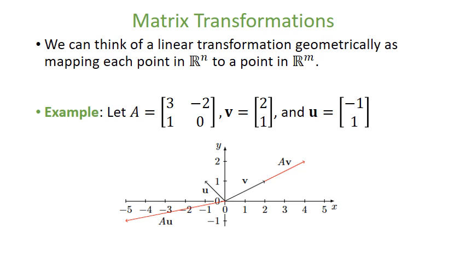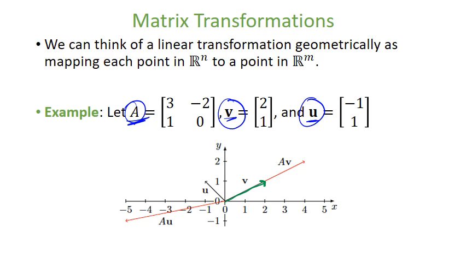So this example here talks about a linear transformation, and the thing you want to remember is that matrix A is the transformation of these vectors. So we're going to first start with vector v and vector u, and we're going to use A to manipulate them. Let's start with vector v. Vector v is here with the coordinates 2, 1.